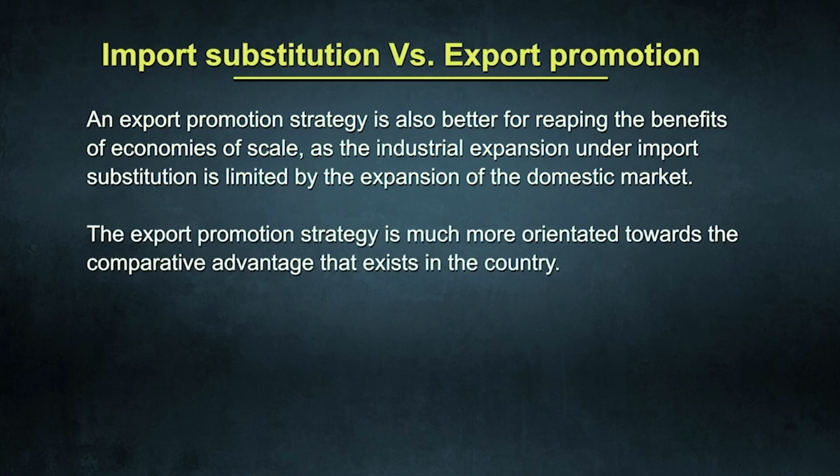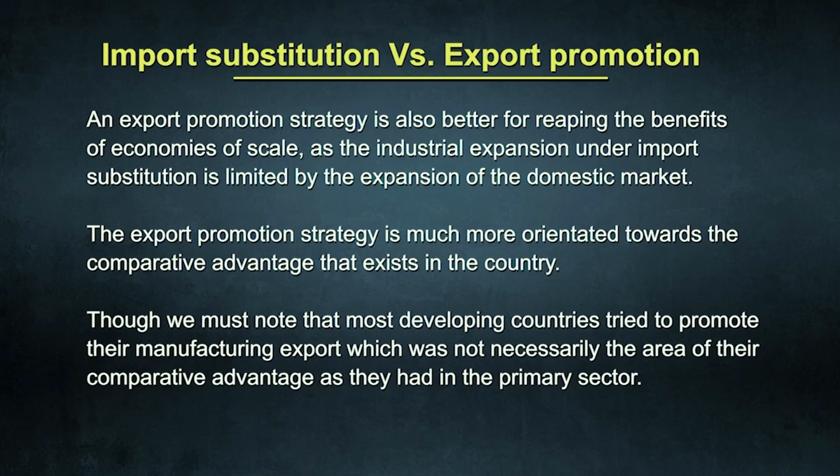Now, export promotion strategy is much more oriented towards the comparative advantage of the economy. But here we should keep in mind that most developing countries, through their export promotion strategy, try to focus on the manufacturing sector, which at the initial phase of their development was not their area of comparative advantage as they had in the primary sector.